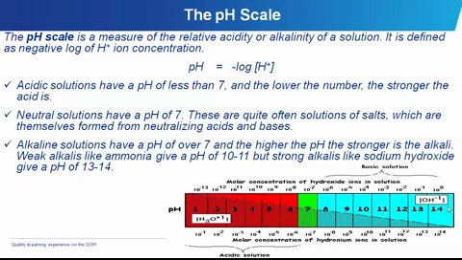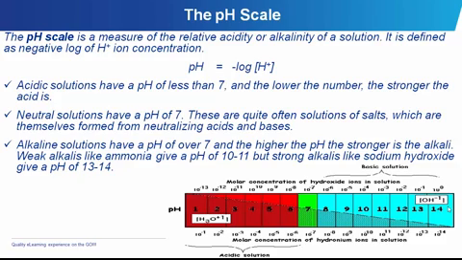Let's talk about the pH. The pH is a measure of the alkalinity or the acidity of a solution. It is defined as the negative log of the hydrogen ion concentration. Now, the method of calculation: you calculate the level of the concentration of the hydrogen ion, and you calculate the log, the antilog rather, of it.